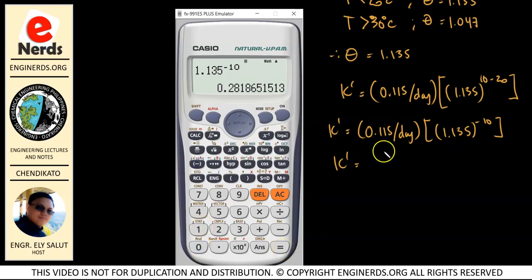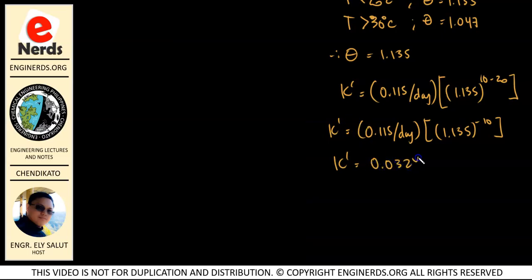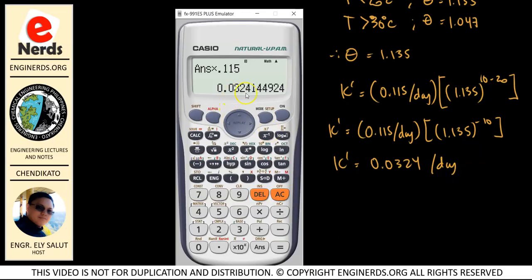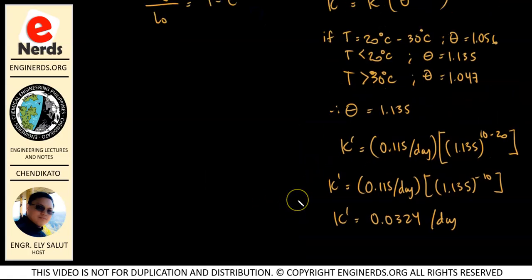So, we have 0.28186. So, we will multiply that to 0.115. This is equal to 0.0324 per day, no? So, may value na tayo ng K prime. Tama ba? 0.0324. Okay? So, yan yung value ng ating K prime.